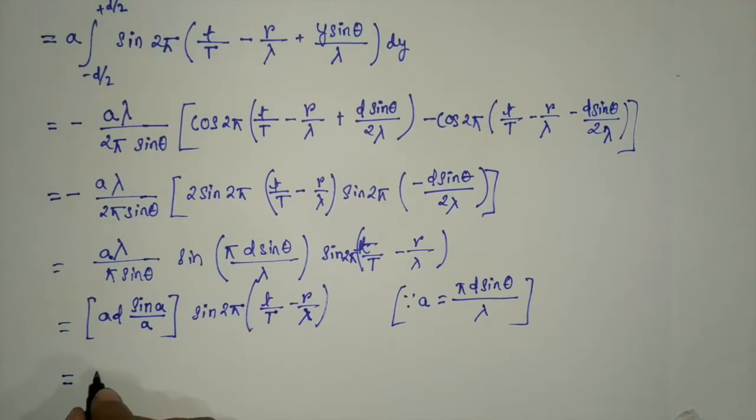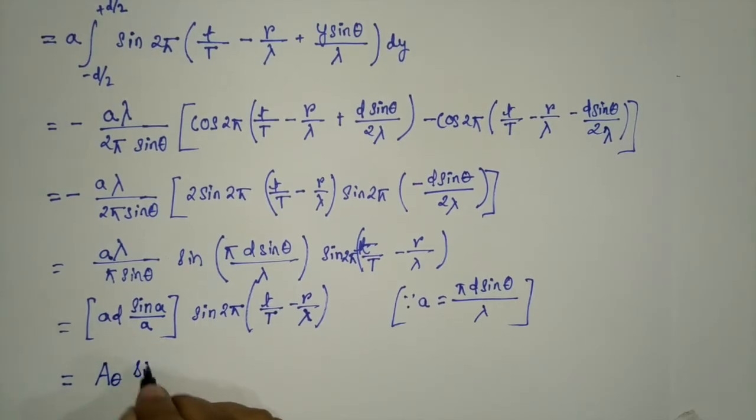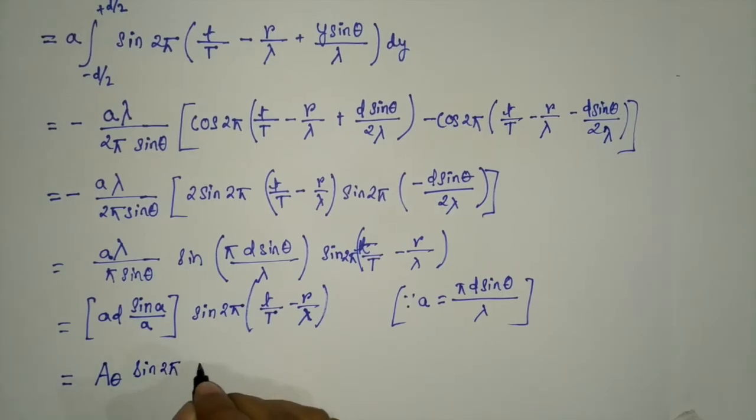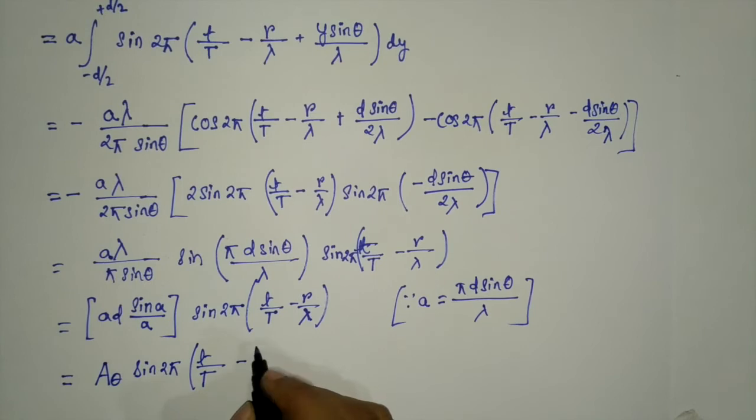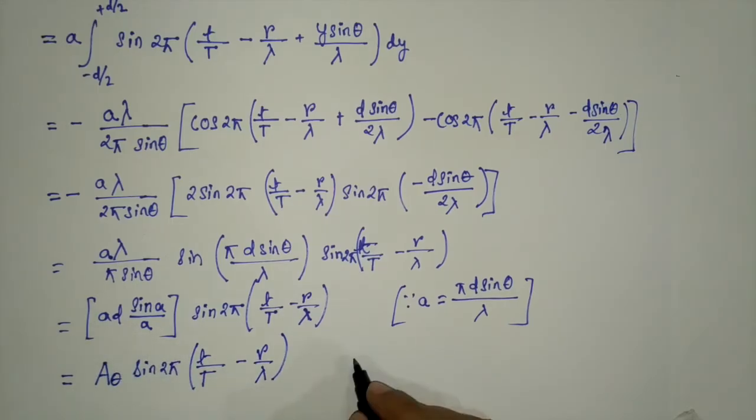Again, we will see that we can write this as capital A theta into sine of 2 pi into small t by capital T minus r by lambda. So here we have concluded this term as A theta.